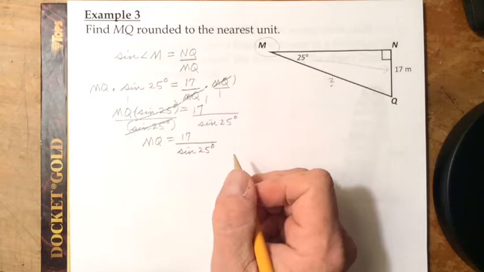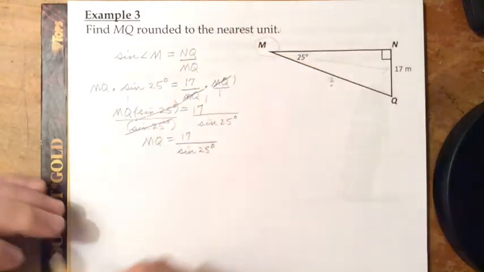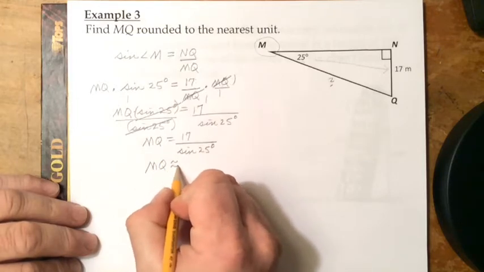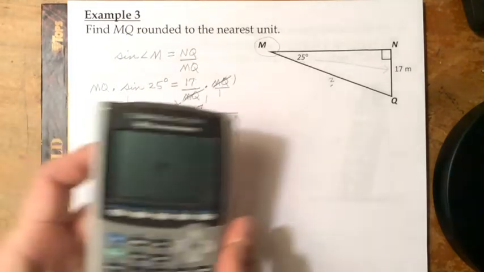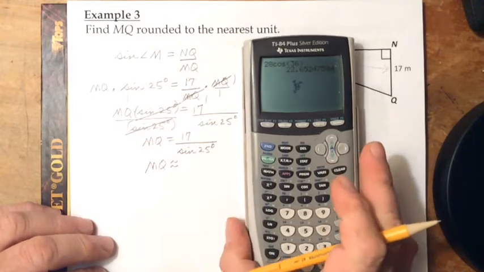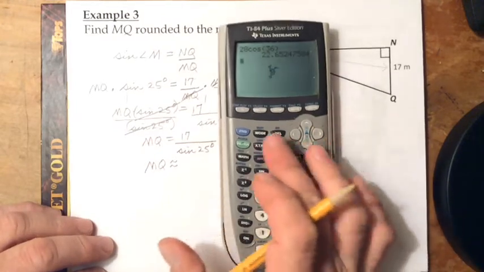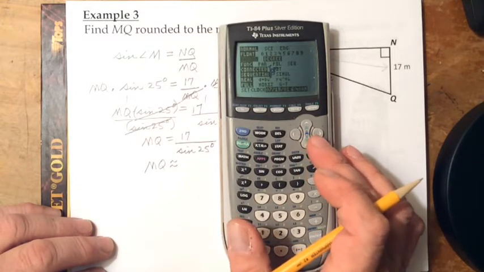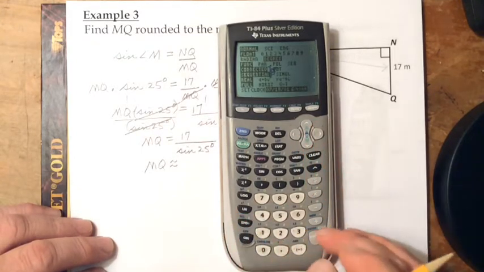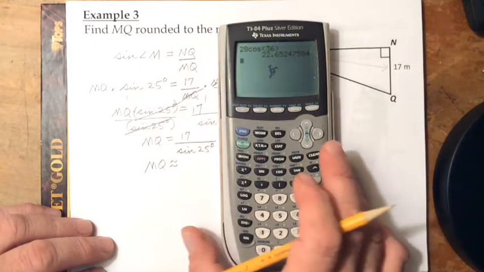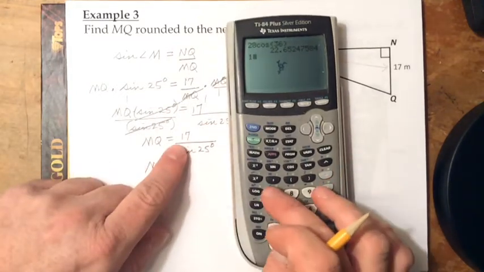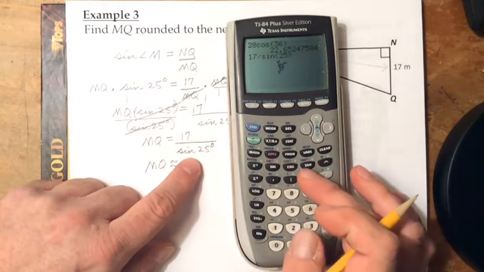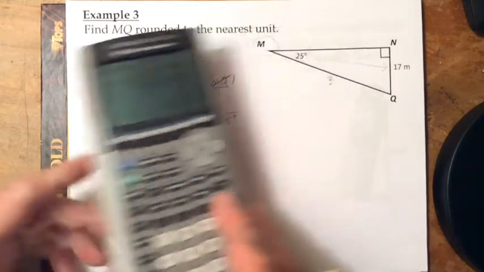If they ever ask you for the exact answer, leave it like that; otherwise, they want us to round to the nearest unit. So we are going to use our calculator. MQ is approximately equal to... Take your calculator, make sure you're in degree mode. I'll do it one more time. Go to mode, go down to the third row, over to the right one, make sure you're in degrees, clear, and then you're ready to go. On this one, we have 17 divided by the sine of 25 degrees, close the parenthesis, enter.